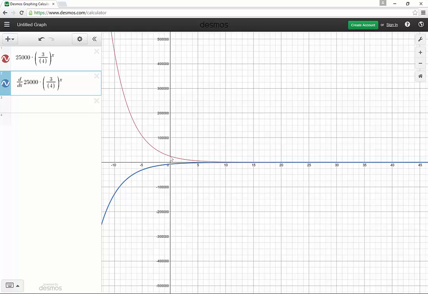So let's go back. And actually, we've got a big space here. Let's get a better screen capture of this.